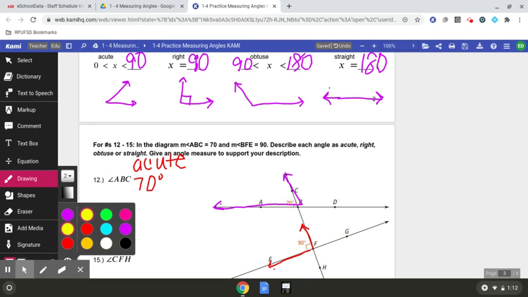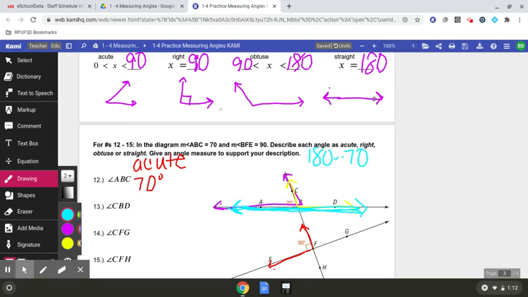CBD is this angle here, so it's this side. They didn't give us that, but we do know that this whole line here that this angle forms on, this whole one here, is equal to 180. So if I know that the total degrees is 180, and they gave me 70, I can subtract to get that missing angle.